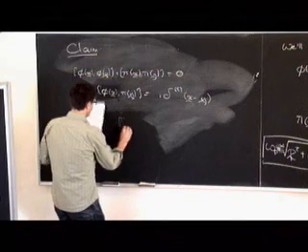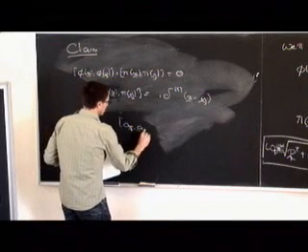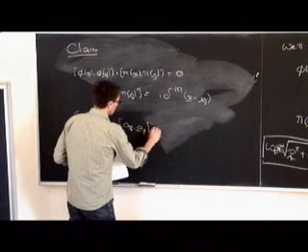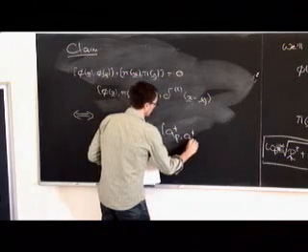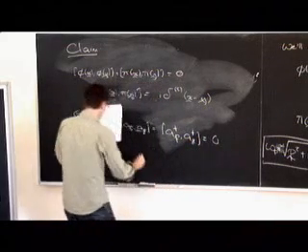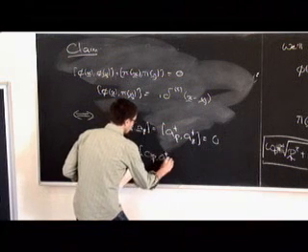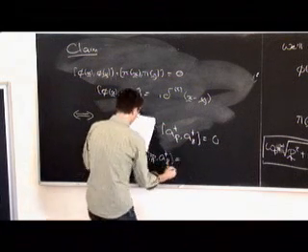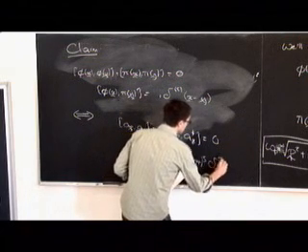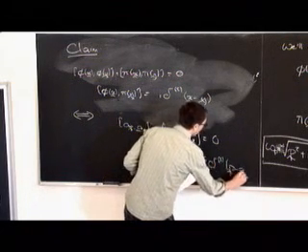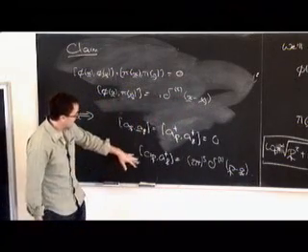What we find is that all the A's commute with all the other A's, and all the A daggers commute with all the other A daggers, but the A's and the A daggers don't quite commute with each other. And it's exactly as you would expect.